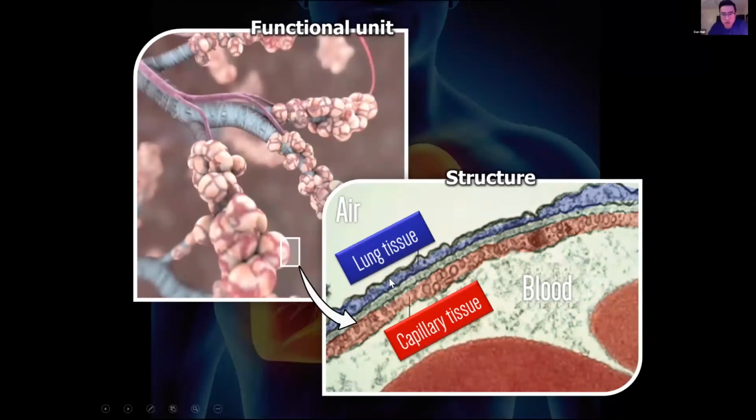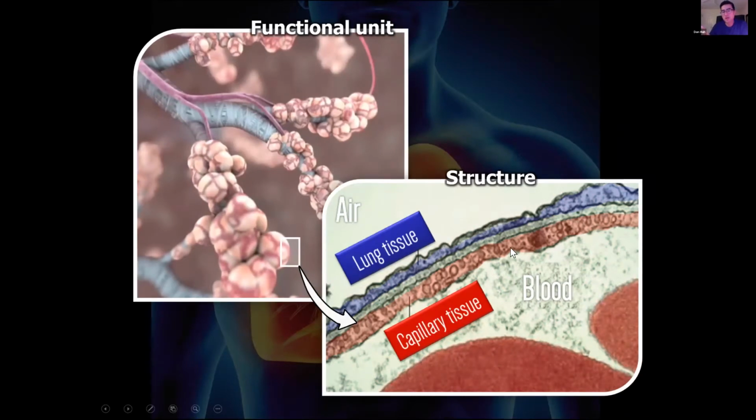As you can tell, there's a thin layer of specialized lung cells, the lung tissue. On the other side, there's a thin layer of specialized cells called capillary vascular endothelial cells, lining the inner surface of this blood vessel. And there's a very thin interstitium between these two layers.